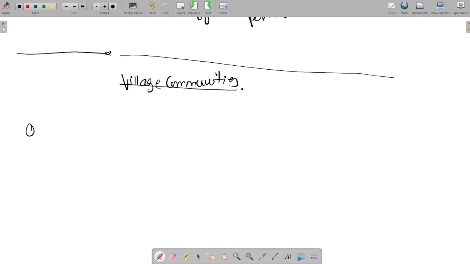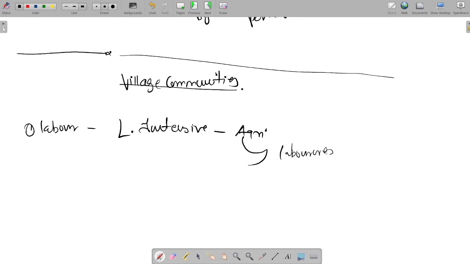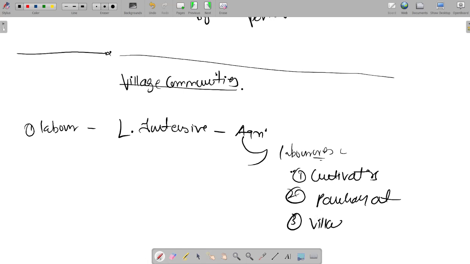This led to participation of laborers, and there existed three hierarchical groups, that is cultivators, panchayat, and village headman, that is the head of panchayat.